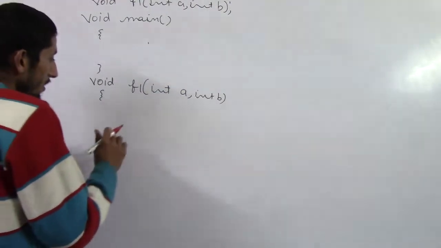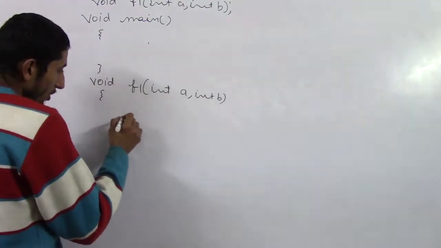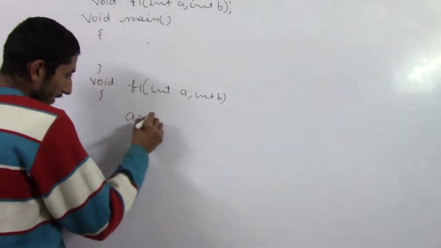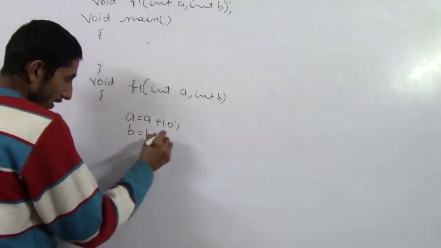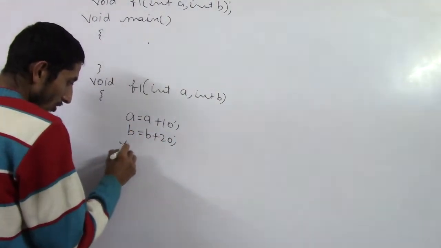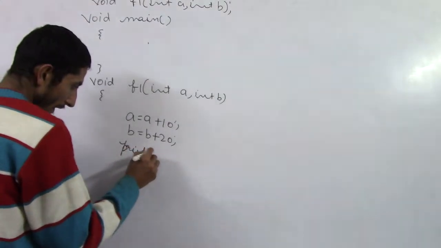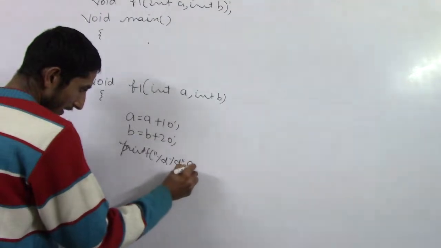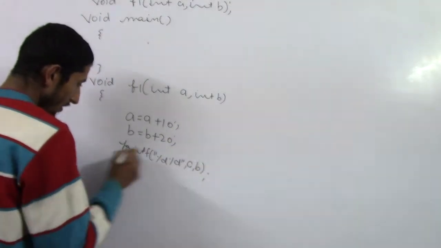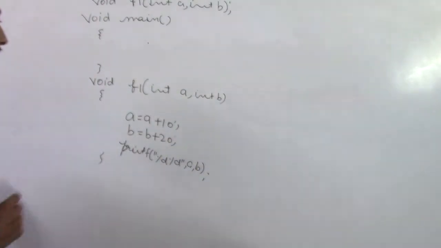So what I am going to do, I am just going to change the value of a by 10 and I am going to change the value of b by 20. I am just going to put printf percentile d and a and b. Are you following this? And I am calling f1 inside main.